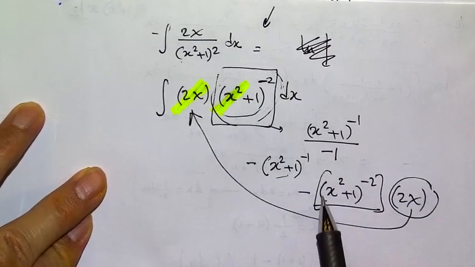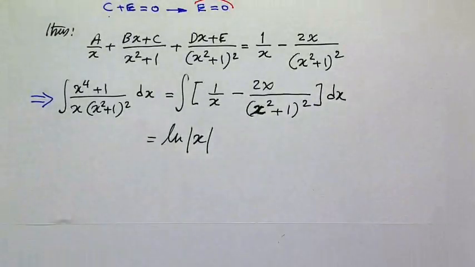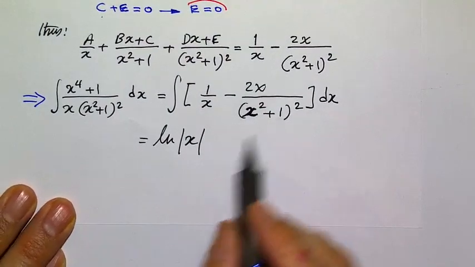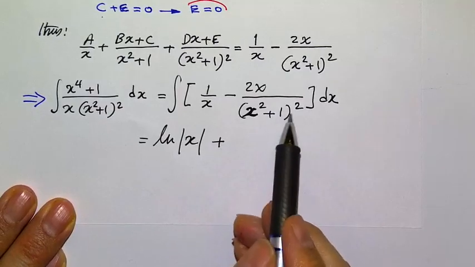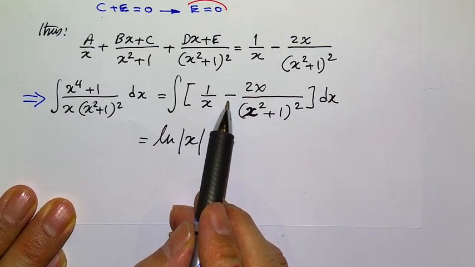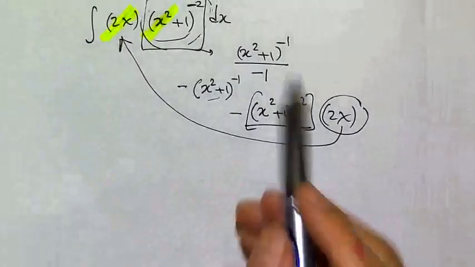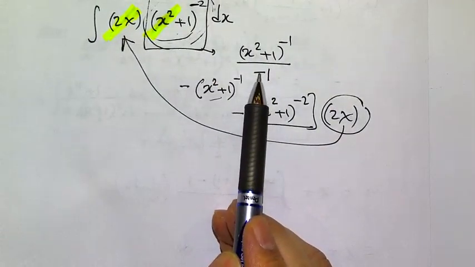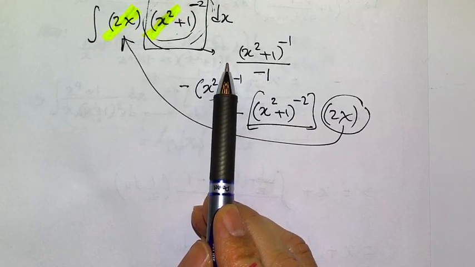So really the integral of this works nicely if we just say plus, because the minus will make this positive. When you integrate that piece, you get this. This minus will multiply whatever coefficient is here and make it the opposite.